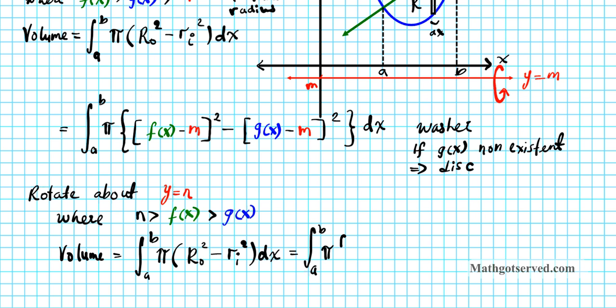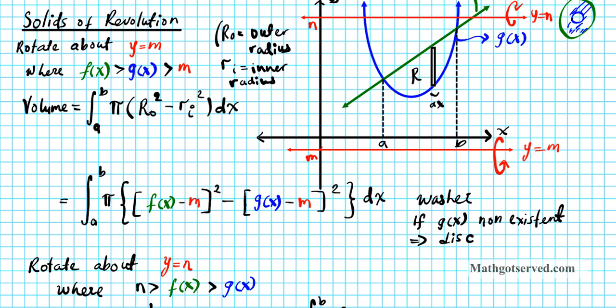Now, what is our outer radius going to be? If you look at this function right here, our outer radius is what you get when you subtract this function from this entire length. Let me indicate it with a line so you can see what the outer radius is. This would be our outer radius right here.